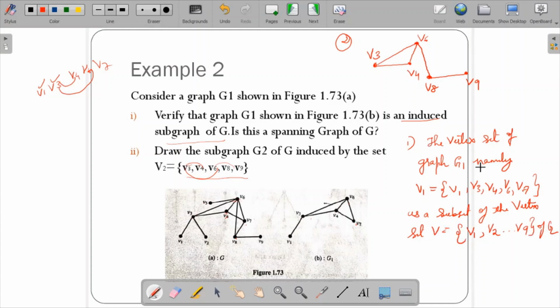So the vertex set of this particular graph is a subset of the entire vertex set of the graph G. That is the first point.